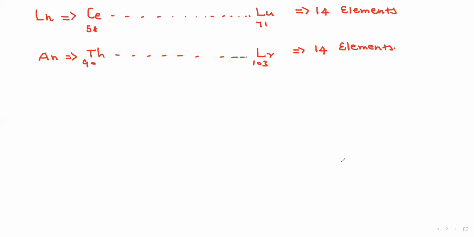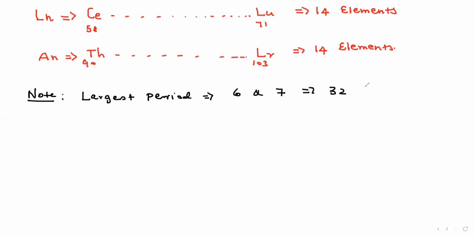Now note the general key point. The largest periods in the periodic table are the 6th and 7th. How many elements are present? 32 elements. This is the largest period. And the largest group is the third group, which also has 32 elements.